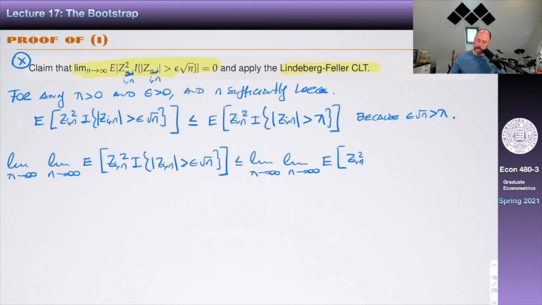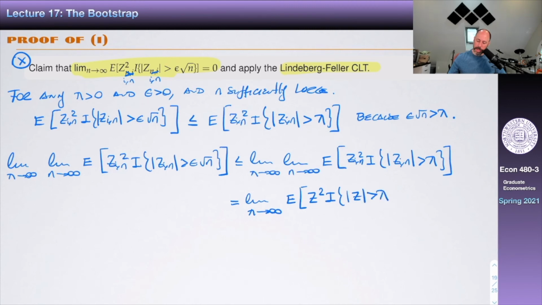But you could take the limit as n goes to infinity first, and then notice that the left-hand side doesn't depend on lambda at all. So now this is equal to the limit as lambda goes to infinity of the expected value of z squared times the indicator that the absolute value of z is greater than lambda, by the result that we just proved.